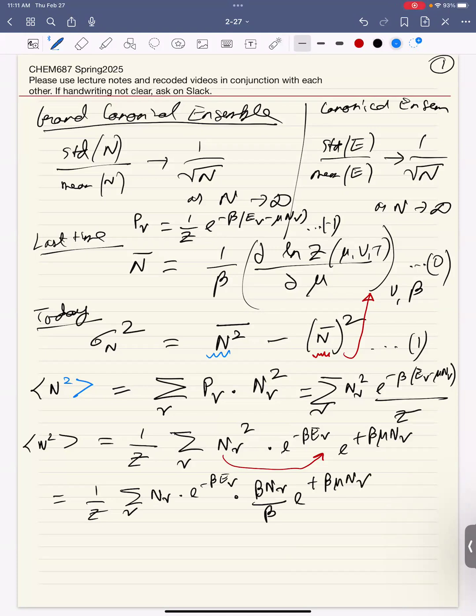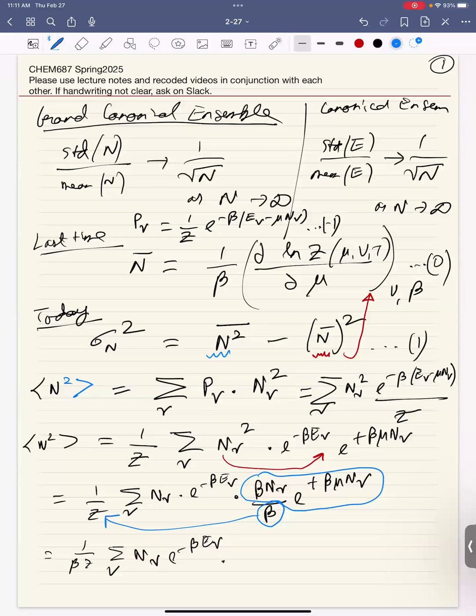So the beta that we have over here does not depend on nu, right? Beta is just a number in this case, which is forced on the system. So beta can be brought outside, and this thing becomes 1 over beta Z summation nu N nu e to the power minus beta E nu multiplied by this stuff. That is just like k e to the power plus kx.